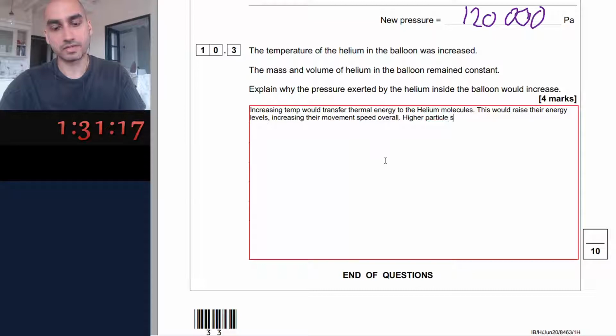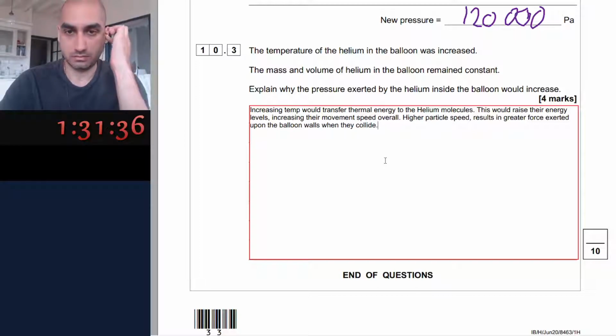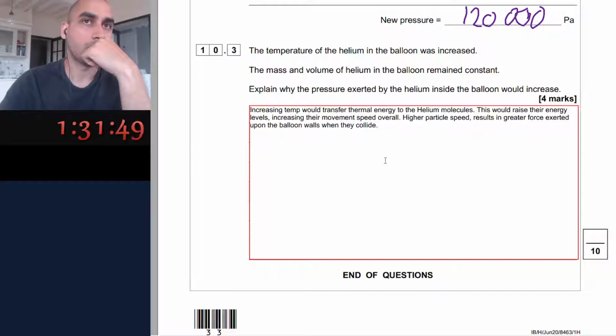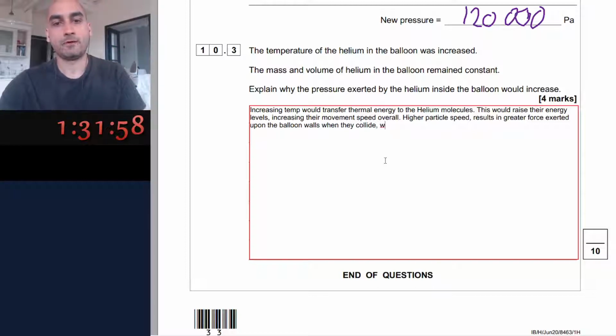Higher particle speed results in greater force exerted upon the balloon walls when they collide, which causes increased pressure.